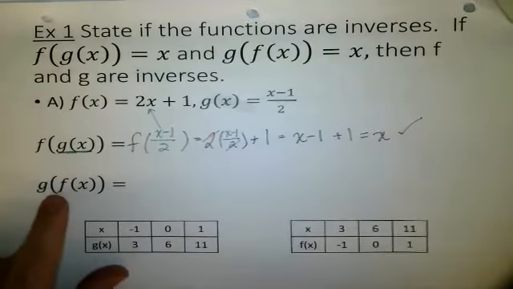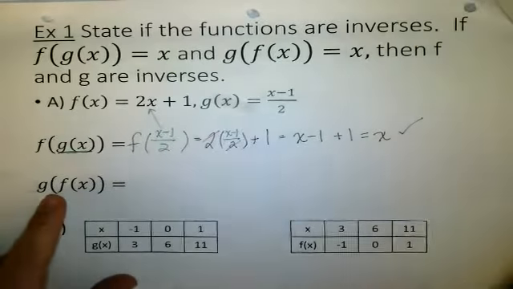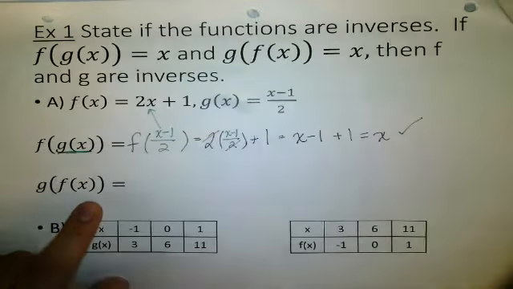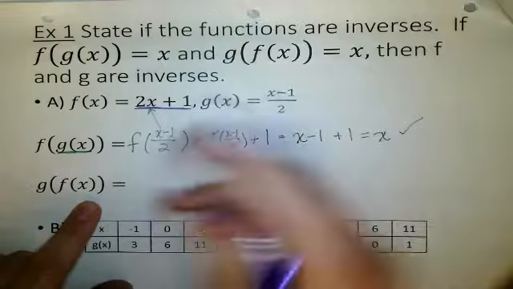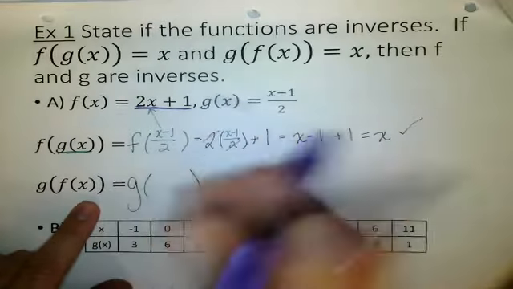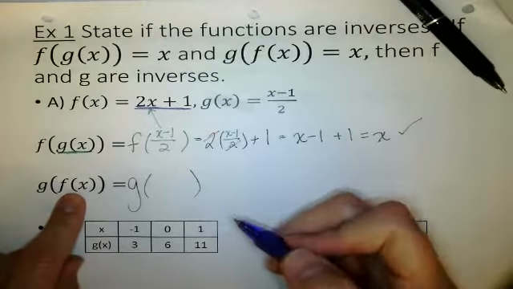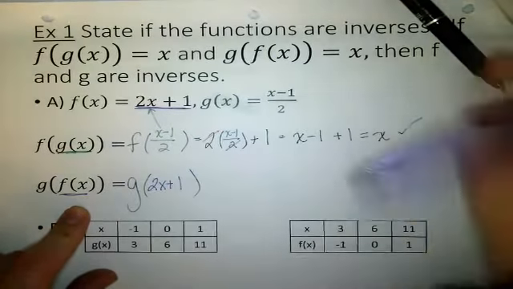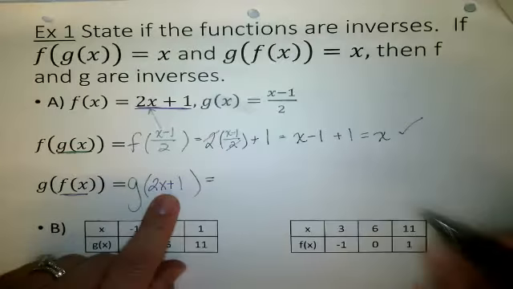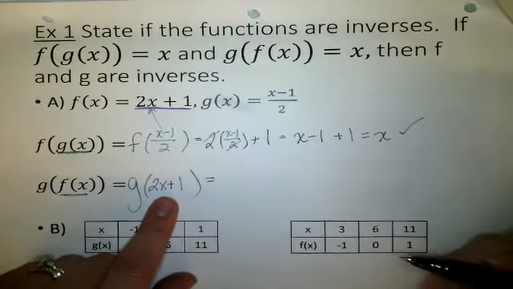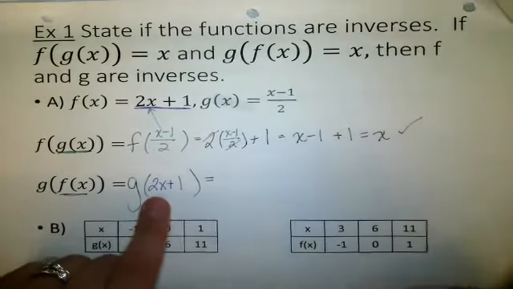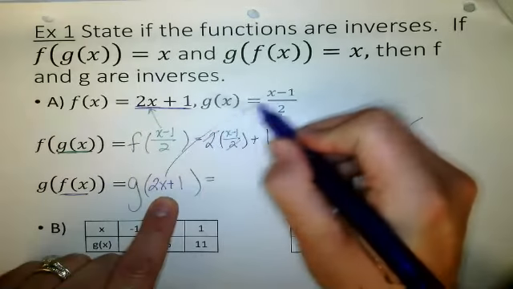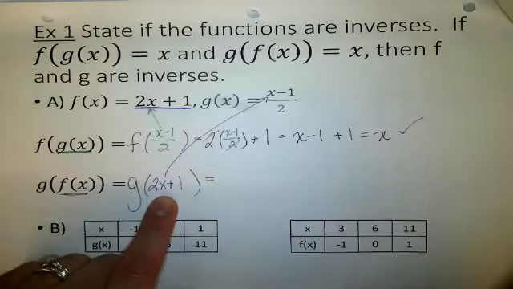All right, so now we need to check the other direction. So g of, let's see, I'll use purple. Here is my f of x function. So I want to do g of, what can I replace f of x with? 2x plus 1. And then what is g of 2x plus 1 telling me to do? Plug it in for that x right there in the g function.